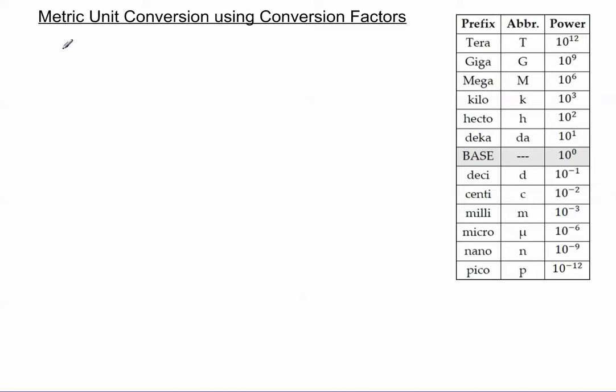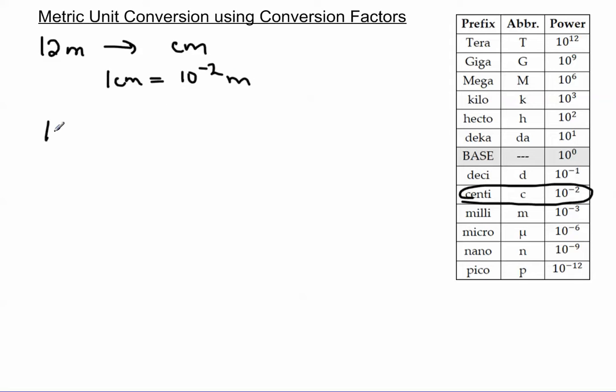I'm going to do one that's a little bit different this time. We've got 12 meters, and we're going to convert it to centimeters. So again, centi is times 10 to the negative 2. 1 centimeter is equal to 10 to the negative 2 meters, only this time we start with 12 meters. We multiply it by the conversion factor, and we need to put our meters in the denominator now because we want to cancel the meters out.